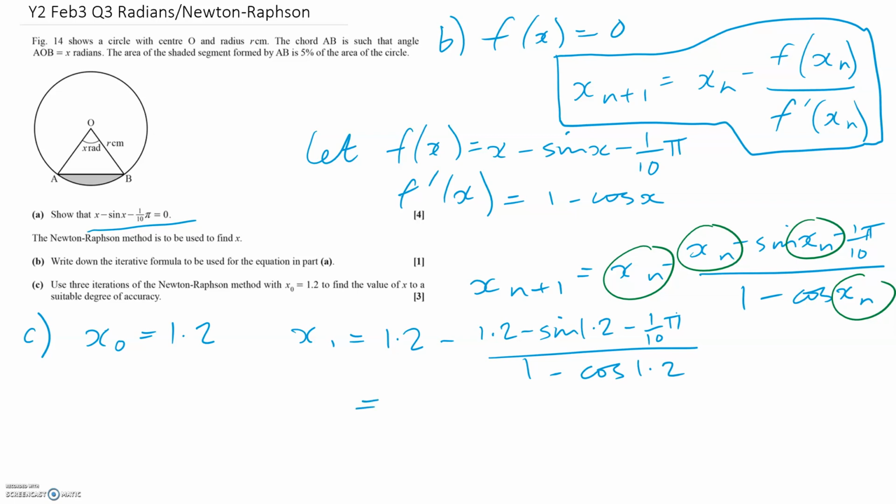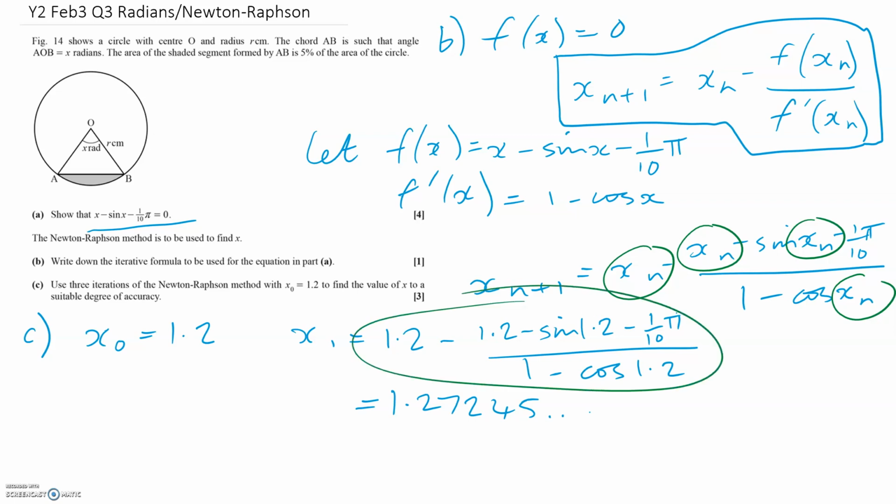And if you type that all into your calculator, you should get 1.27245 something. Leave that exact on your calculator. Use the answer button on your calculator to do these iterations. You don't need to write all of this out again for the next iteration.